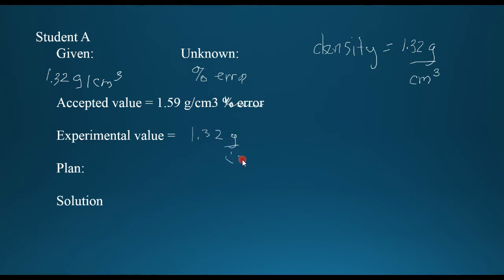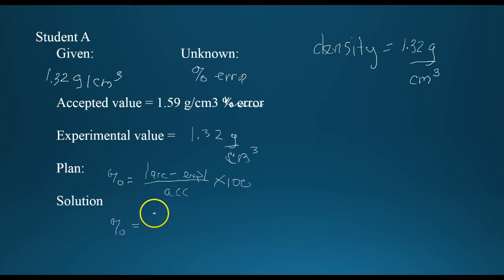Now the plan would just simply be the equation for percent error. So percent error is equal to the accepted value minus the experimental value divided by the accepted value times 100. So our solution is to just plug in the numbers.